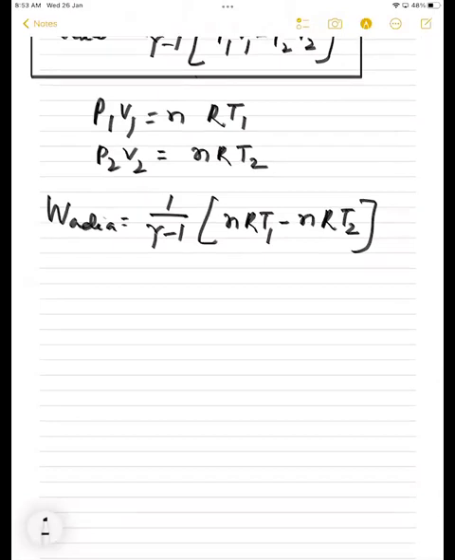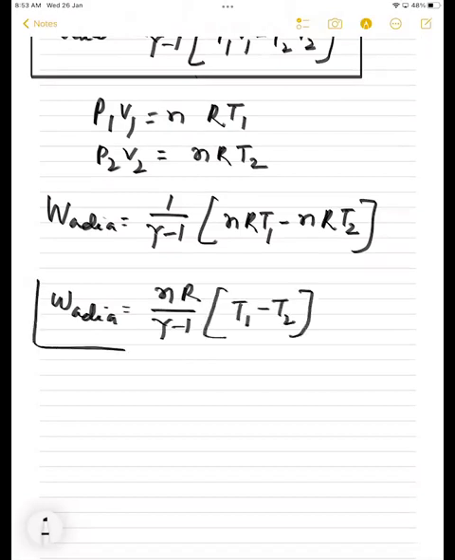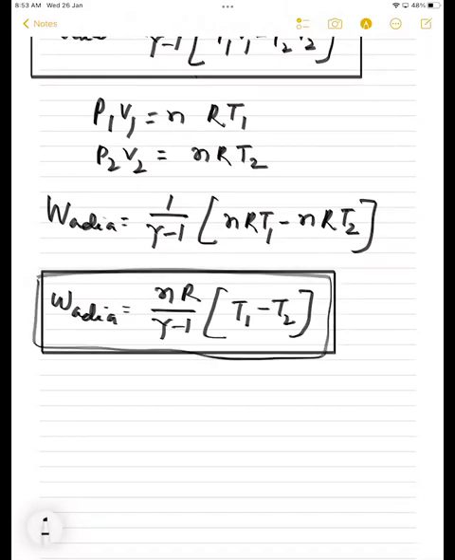So here, by taking this nR common, you can also write another form of adiabatic work done. That is nR by gamma minus 1 whole into T1 minus T2. Correct or not, students? Understood? All understood up to this?